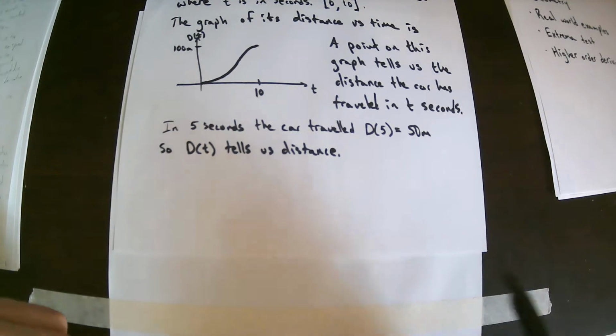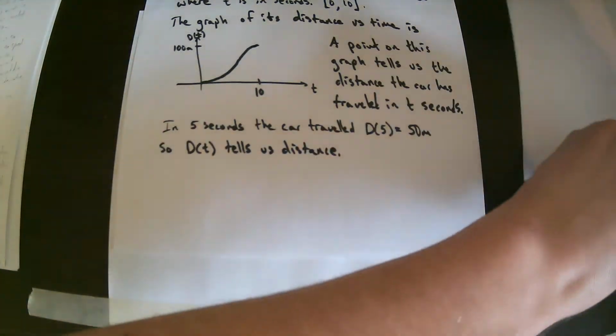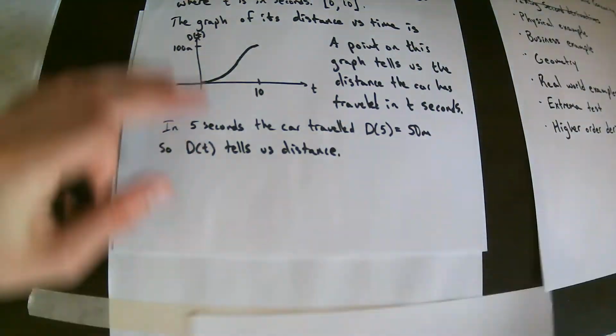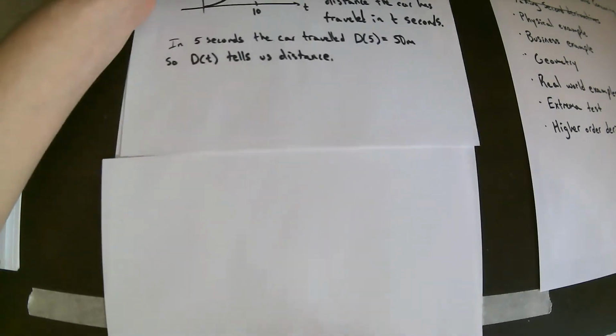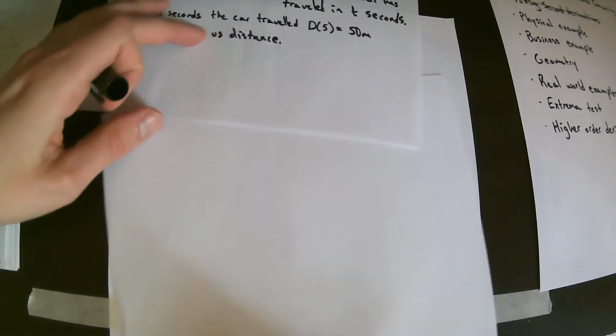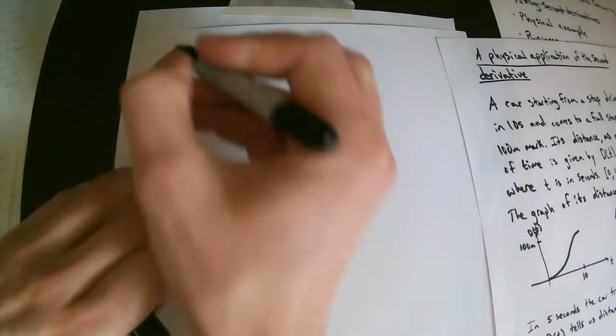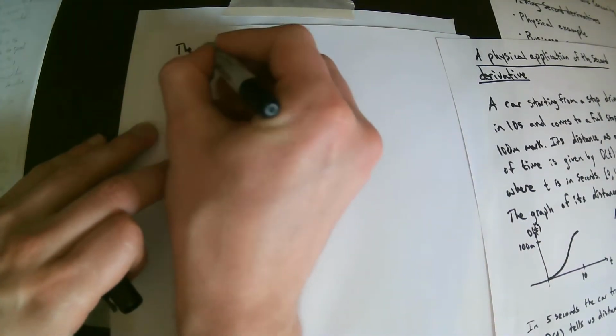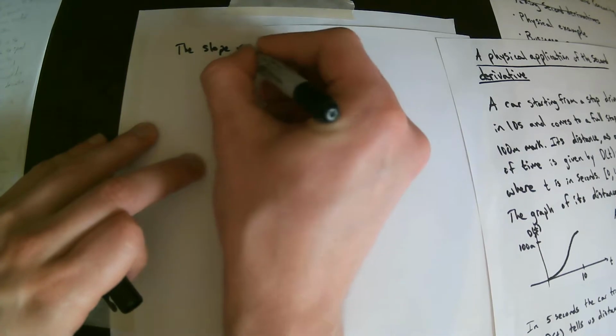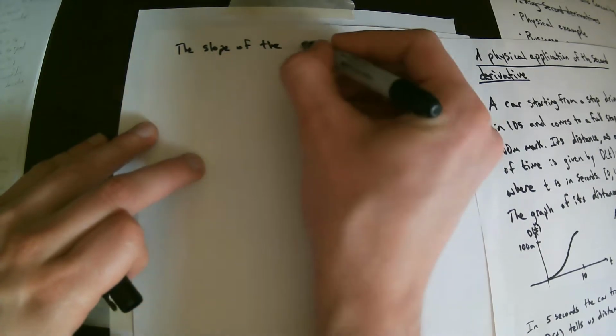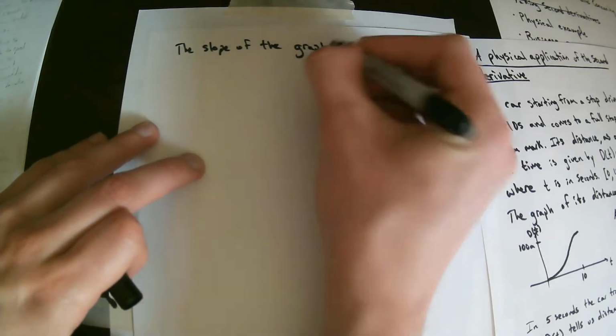What does the slope of this graph tell us?